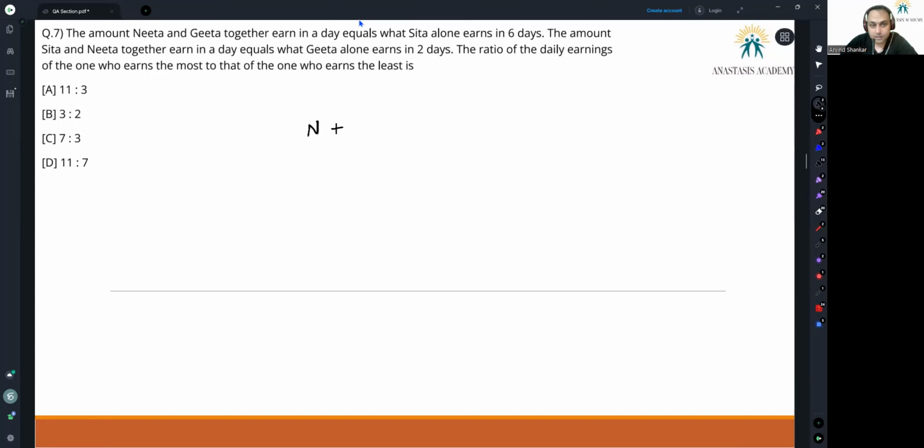Nita, Geeta and Sita. If Nita and Geeta earn however much Sita earns in 6 days, can I say if all three of them were working, Sita would have earned 1/7 of total? If Nita and Geeta's earning is 6 times that of Sita, Sita would have earned 1/7 of total.